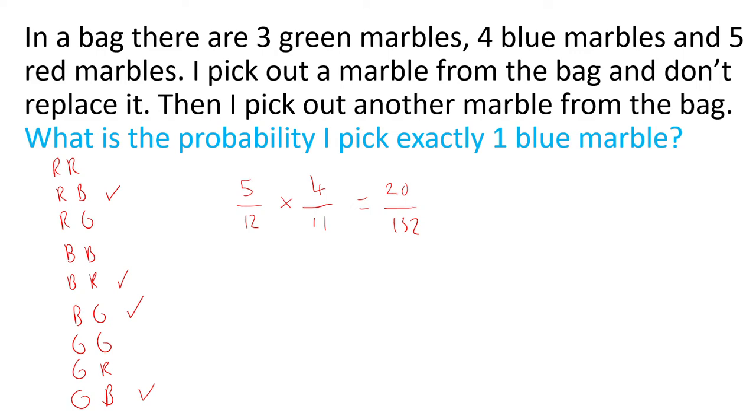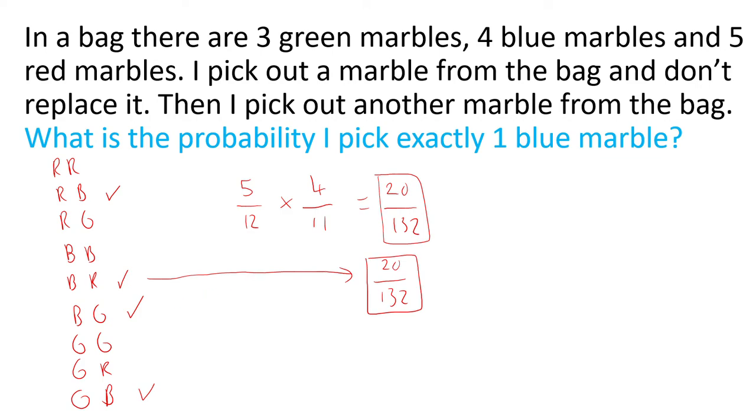A bit of a shortcut here. We've figured out the probability of picking red and blue. Now we're not going to think about the probability of picking out blue and red, because what we can do is take this answer here and double it, because the probability of blue and red will be the same as the probability of red and then blue. So we can already find that answer to be 20 out of 132 as well.